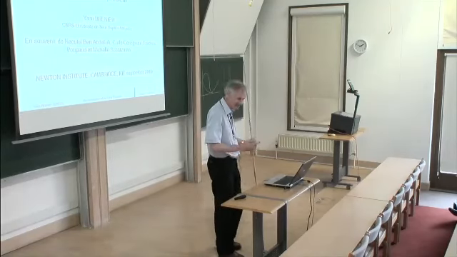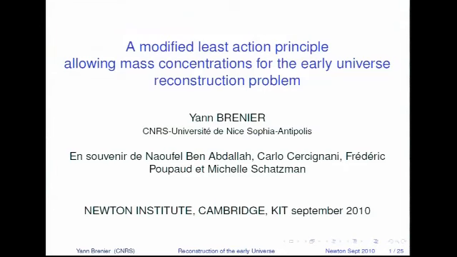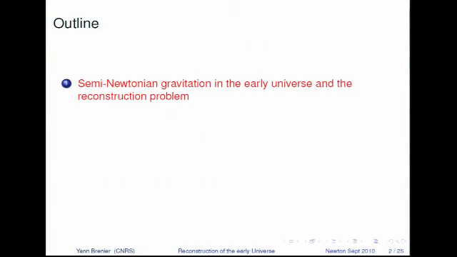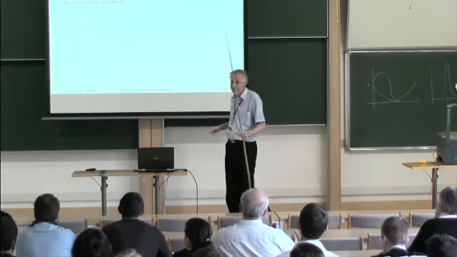Okay, so thanks a lot for the invitation to be here. In this talk, I would like to start by describing the model for this early universe problem, which is a modification of the Newtonian gravitation.